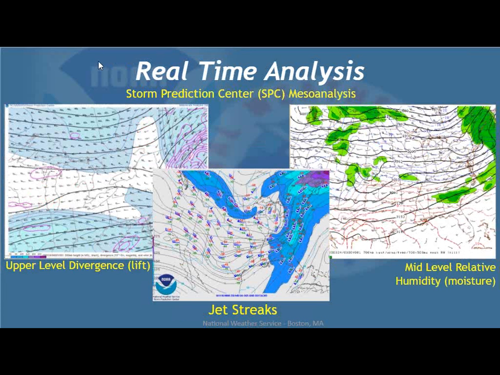And these are more things we look at, and just one quick thing I want to highlight. The left image is the upper level divergence, at roughly 250 to 500 millibars in the atmosphere, and 500 millibars is kind of halfway between the surface and the top of the atmosphere.